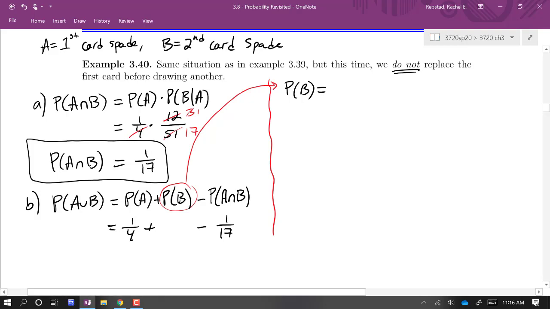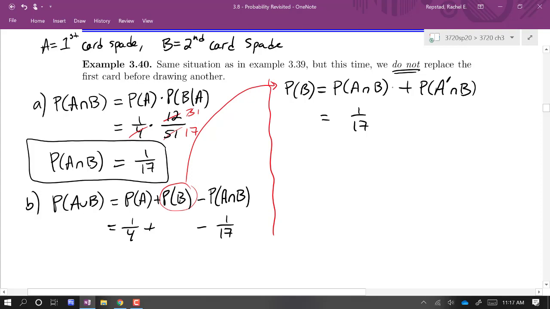Either B happens after I get a spade first, and in that case we're looking at the probability of A intersect B, which we already know is 1 out of 17. Or it could be the probability that I draw a spade second after I don't get a spade the first time.